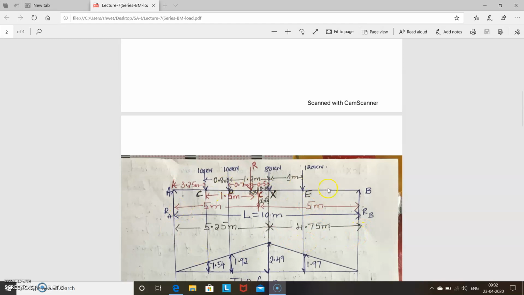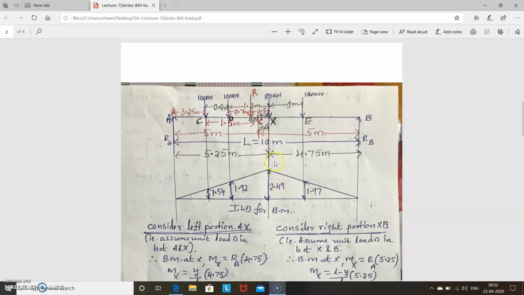Once you know where the section lies, then you can draw the ILD. At the section you will have the maximum value. So draw under 100, 100, 80 and 120, then you find these values.